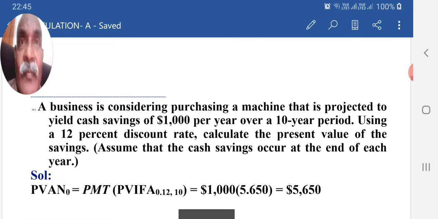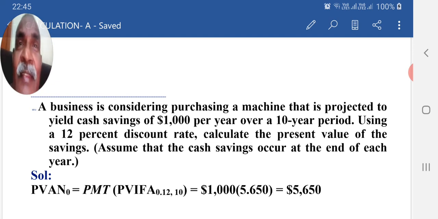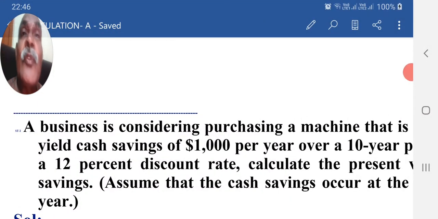Annuity is the equal amount you will get every year. The rate of interest or rate of return is the same, constant, and the time period is specified. Here all 3 conditions are applicable, because the rate of interest is 12%, constant, the period is specified, that is 10 years, and the amount is also specified, 1000 rupees every year for 10 years. So this is the example of annuity.